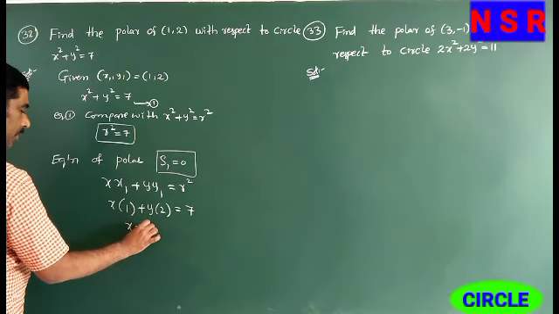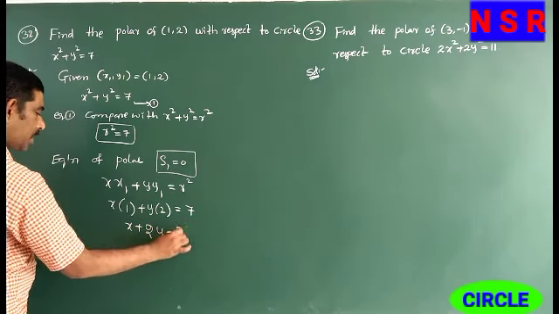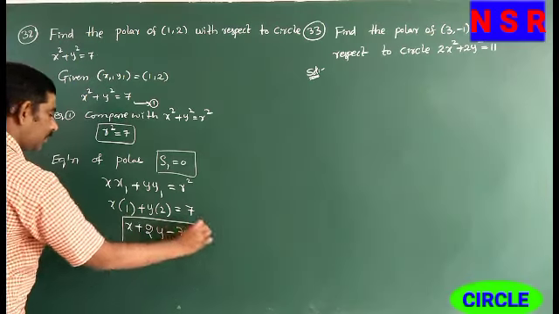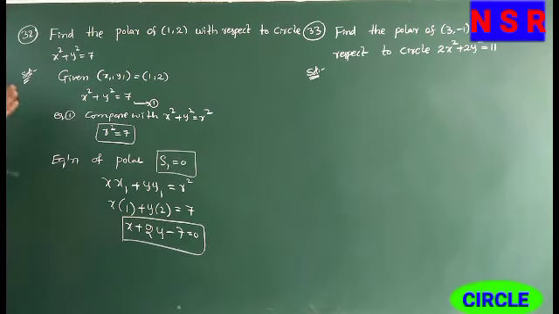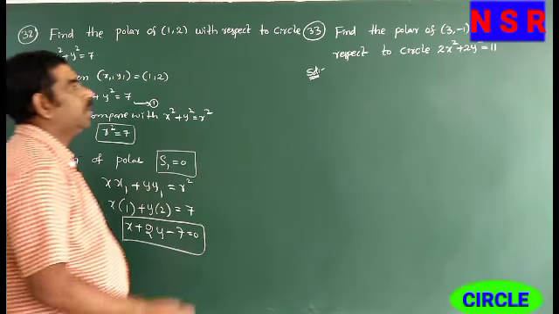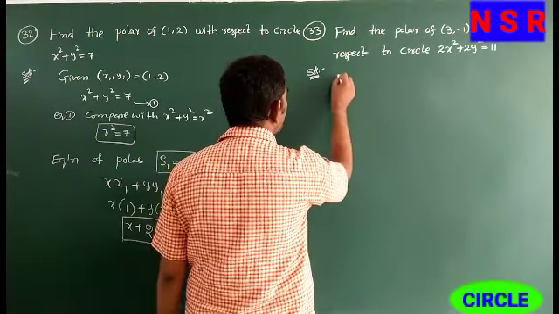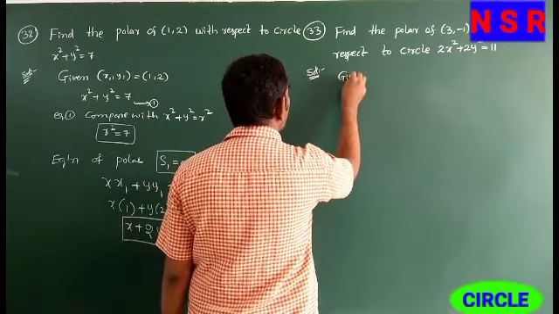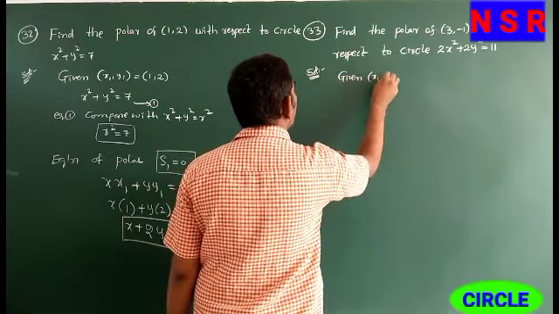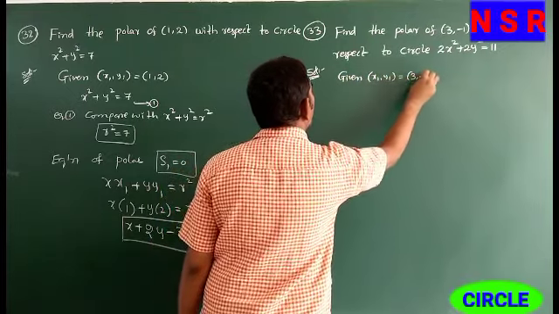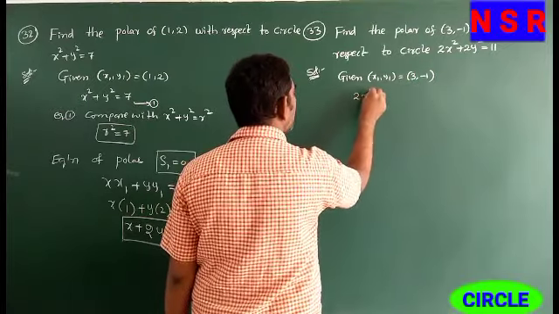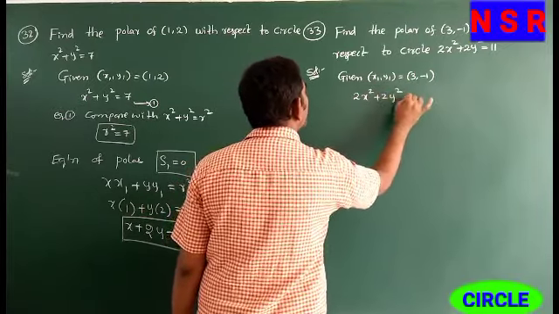So x plus 2y minus 7 equal to 0. So this is the equation of polar. And here also find polar of 3 comma minus 1 with respect to the given circle here. So given point x1 comma y1 equal to 3 comma minus 1, and given circle equation 2x square plus 2y square equal to 11.